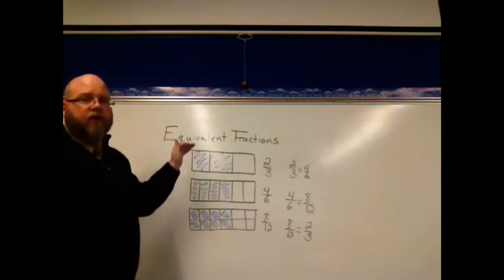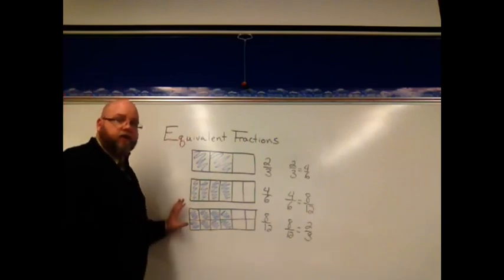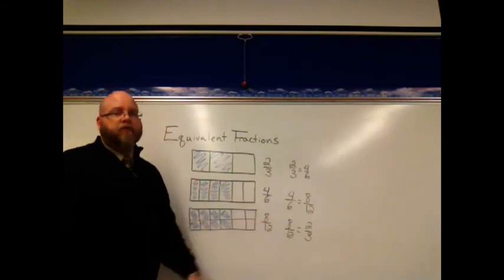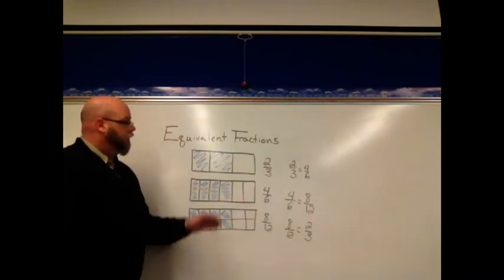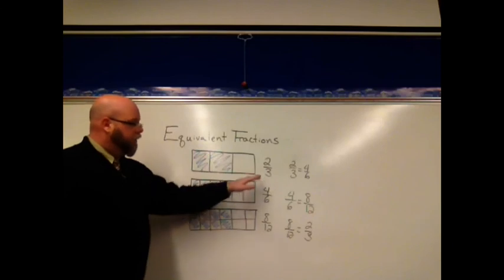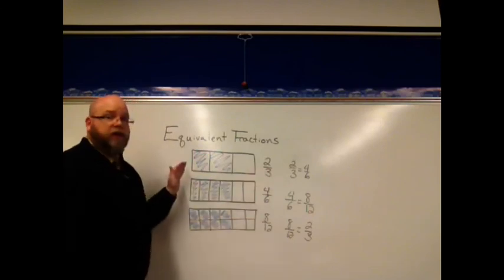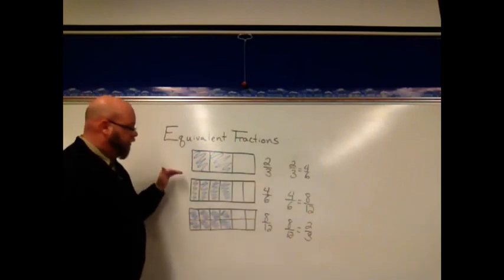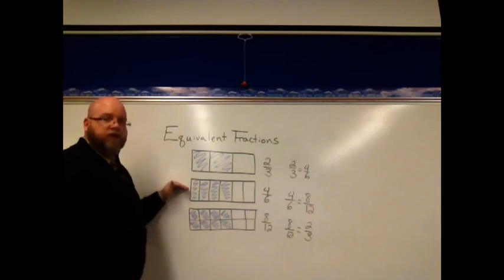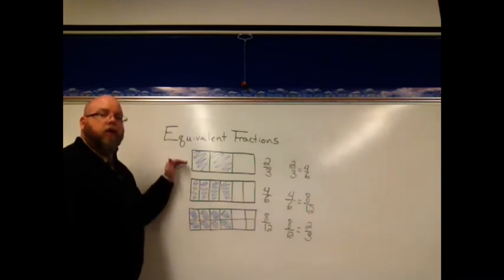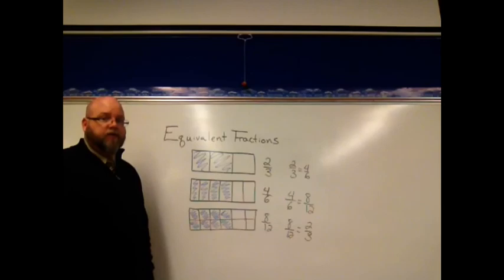Equivalent fractions are fractions that have the same value, but use different names to describe them. Same value, different names. Showing here, 2/3 is equal to 4/6, which is equal to 8/12. All of these are equivalent fractions.